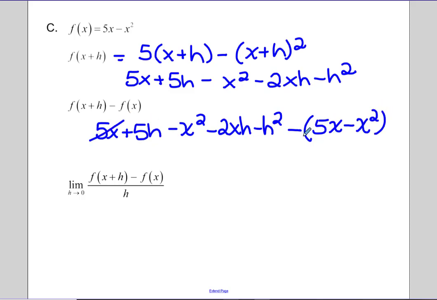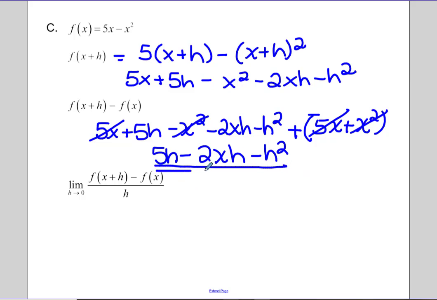So that 5x would get rid of this 5x, and this would distribute to give us a plus here. So that would get rid of that, and our term would be 5h minus 2xh minus h squared for our difference quotient numerator.